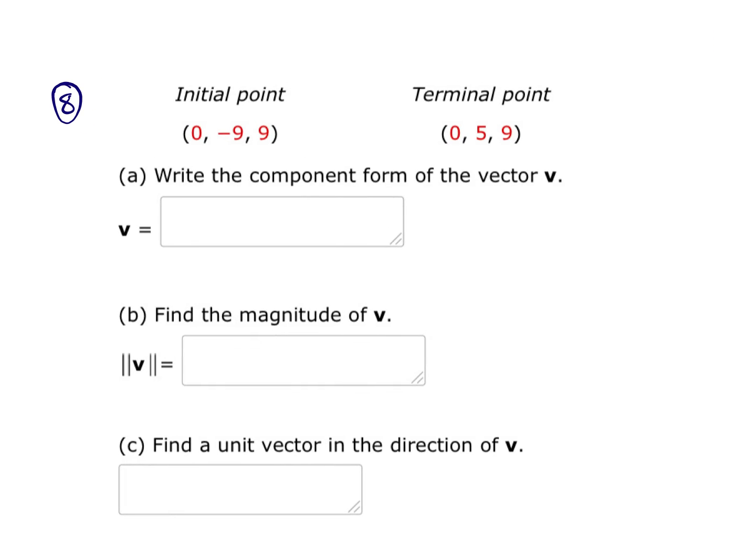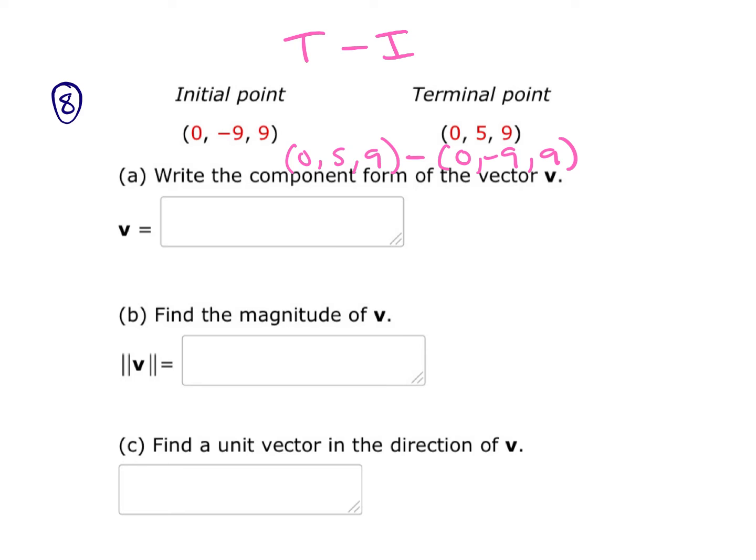So how do I find the component form? Terminal minus initial. So here I would have 0, 5, 9 minus 0, negative 9, 9. So 0 minus 0 is still 0. What does my component form of a vector have to have?